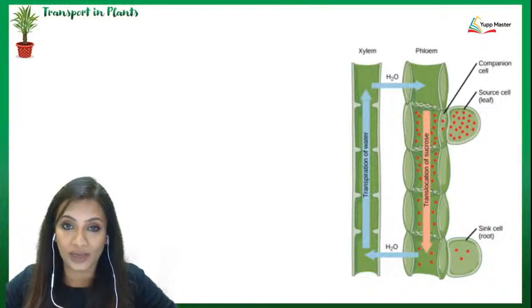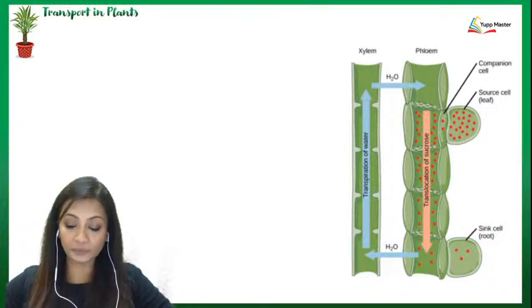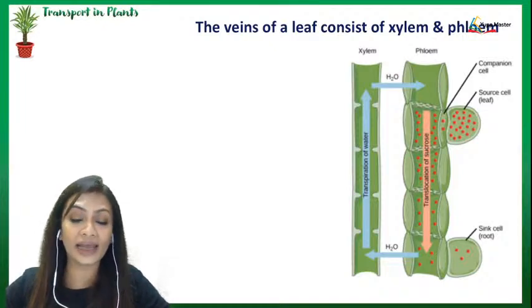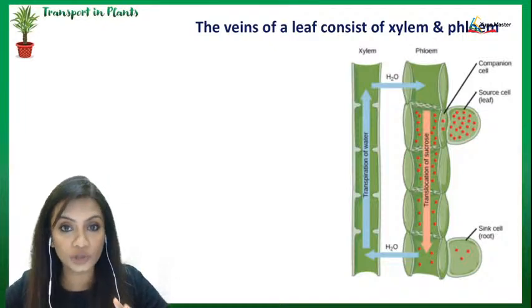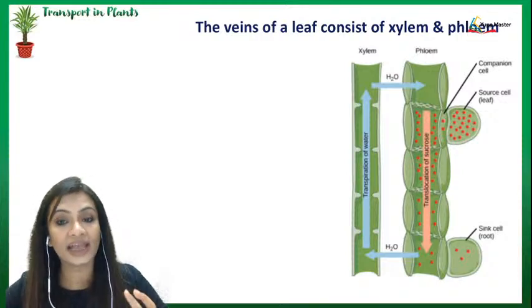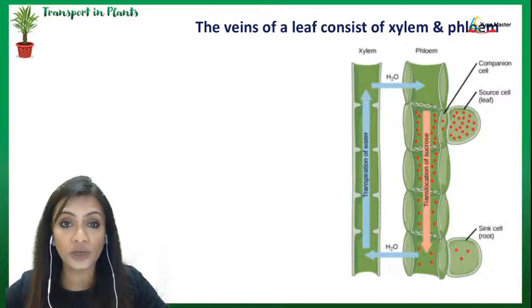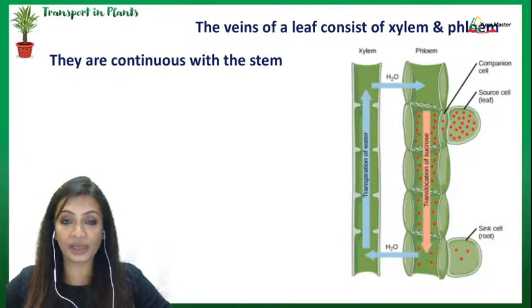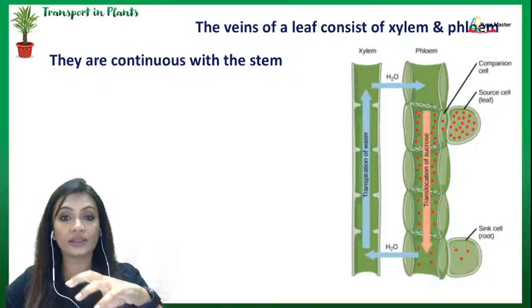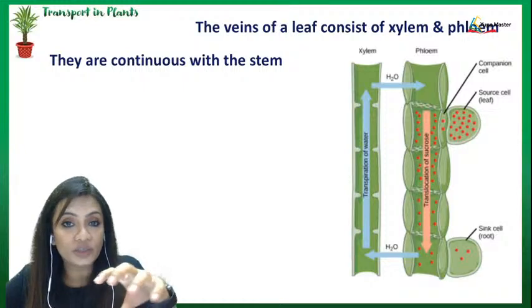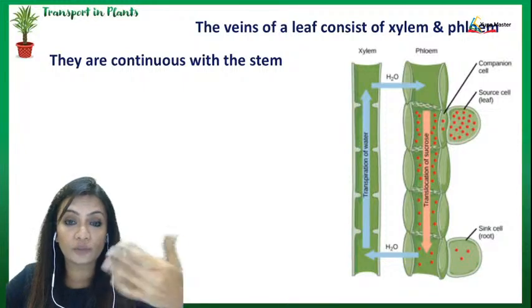Okay, so let's begin now. We see here that the veins of a leaf consist of xylem and also of phloem. Alright, remember, xylem was for the conduction of water and phloem was for the conduction of the sugars. These veins of the leaf are then continuous with the stem of the leaf. Remember, I told you that it is always going to be continuous, especially when we're talking about the phloem.